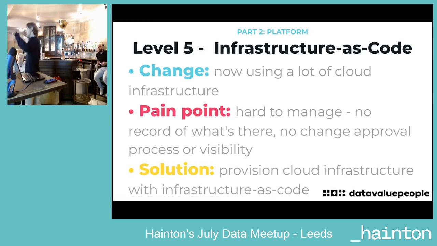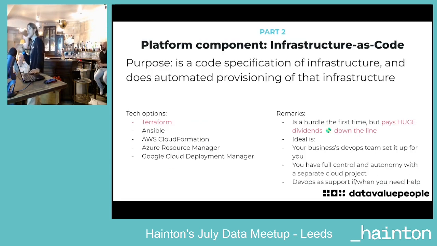Okay, so a solution is to use a technology called infrastructure as code. So I'm going to explain this. Infrastructure as code, its purpose is you have a code specification that's kept in version control, and you have this piece of software which is going to talk to the cloud platform and say, hey, what have you got? And it's going to say, I got a storage bucket and I got a cloud server.